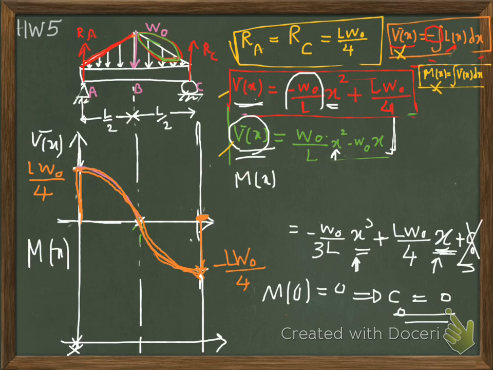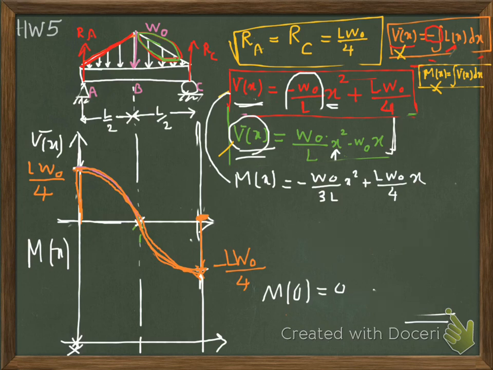So M(x) for the first part is equal to minus w naught over 3L x cubed plus L w naught over 4 x, plus 0, which is nothing. Now I have to plot that underneath here. Did I miss something?